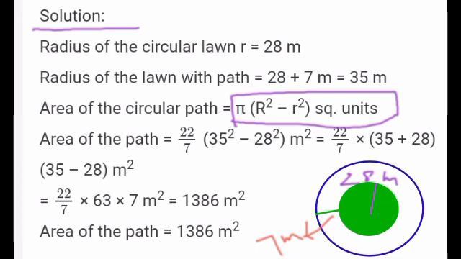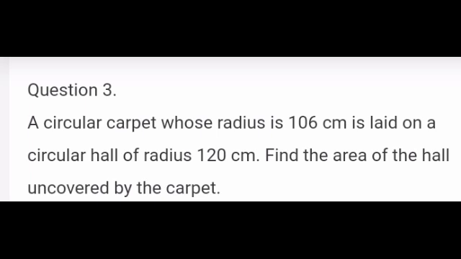Add 35 plus 28, we get 63. Subtract 35 minus 28, we get 7. Cancel 7 and 7. Then the remaining is 22 multiplied by 63 equal to 1386 meters square. So, the area of the path is 1386 meters square.